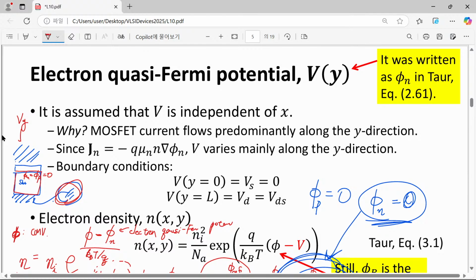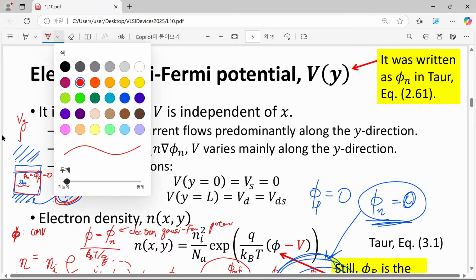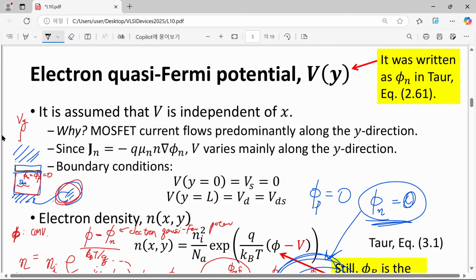However, that is not affecting this silicon substrate, because we have a very effective and perfect insulator called oxide.